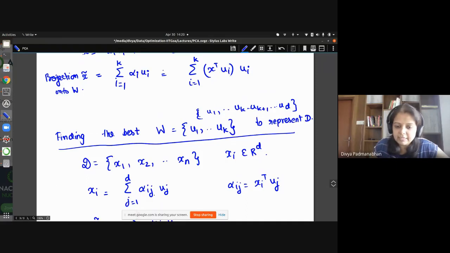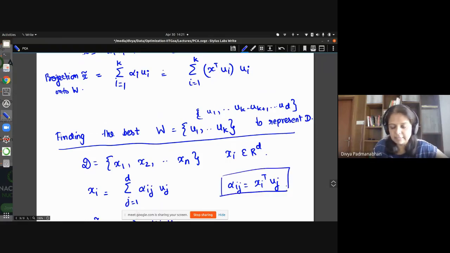Alpha ij represents the coefficient for the vector xi corresponding to this uj vector. So it's the sum of alpha ij uj, where alpha ij is just computed as xi transpose uj. It's just the projection onto each of these vectors uj. That's how you compute alpha ij, and this is the representation. So xi is just this.